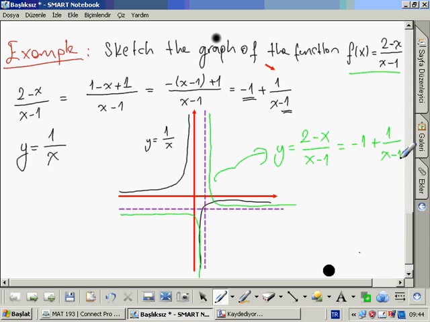Okay, now we can talk about the even and odd functions, also symmetry and reflections of the functions.